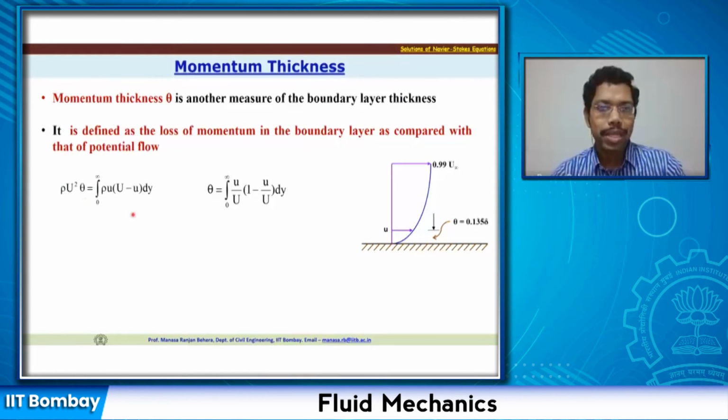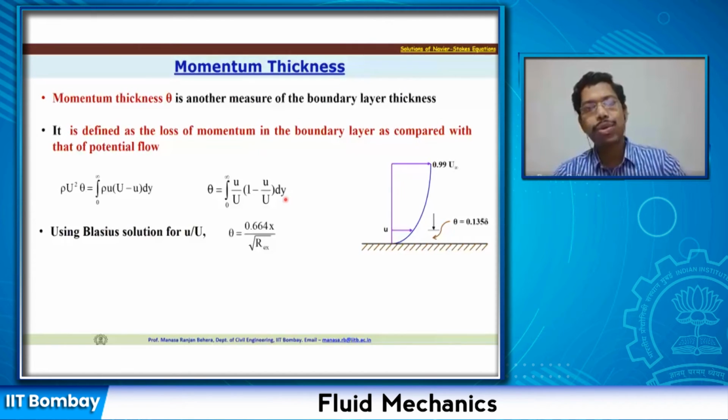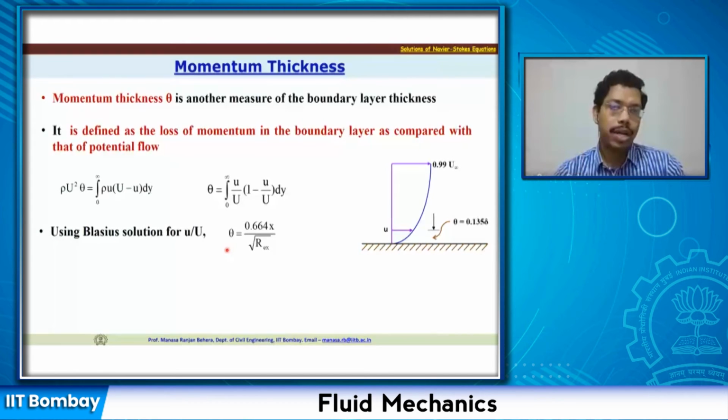By solving this equation, you can write theta equals integral 0 to infinity of u by U multiplied by (1 minus u by U) dy, and the solution of that will give you theta equals 0.664x divided by square root Rex. So we could write down the value of theta similar to delta star.